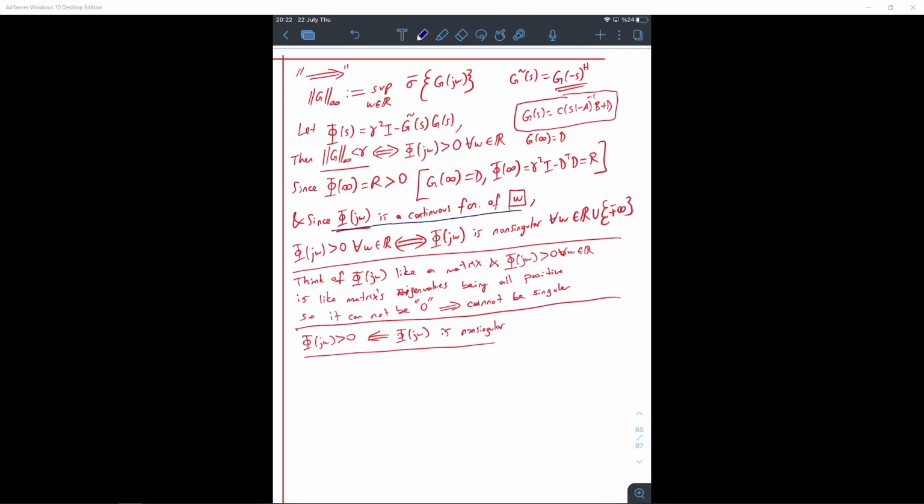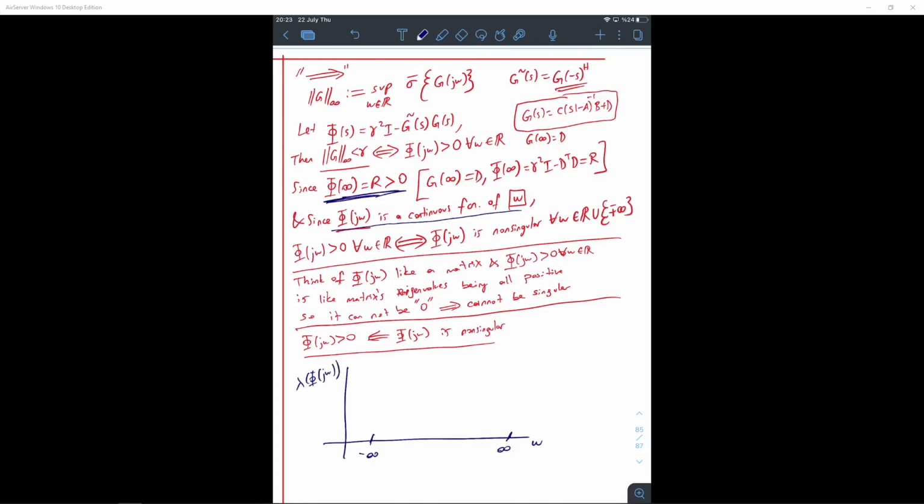All right, so and we stated that is the case, and think of it like minus infinity and plus infinity. Here this is omega, right? And here this is like the spectrum of phi of j omega, right?